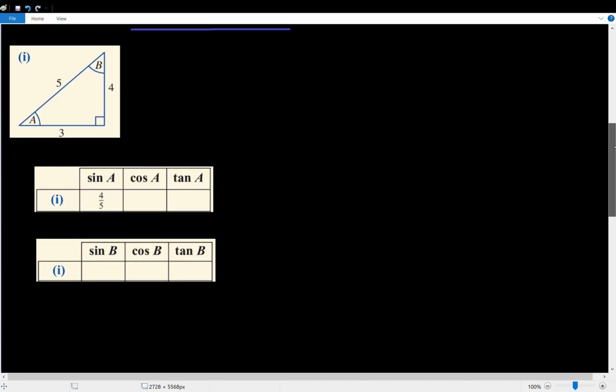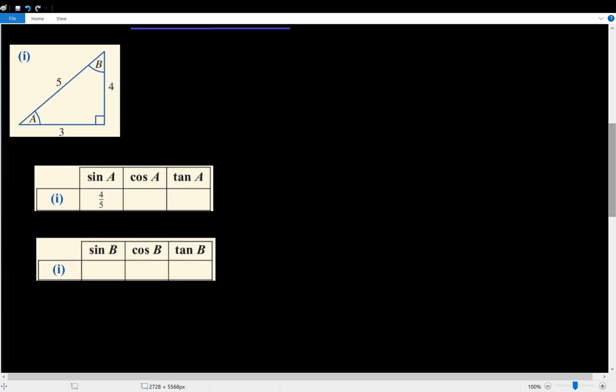So in this triangle here, we've got a right angle triangle with the sides marked 5, 4, and 3, and two angles marked A and B. And we're going to try and get the sine, cos, and tan of each of these. So we'll start with the A ones there.